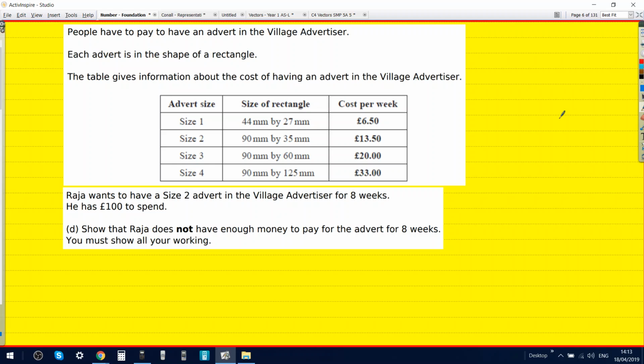Let's see. Right. Which one's that? Russian doesn't have enough money. 8 weeks. So he wants size 2.